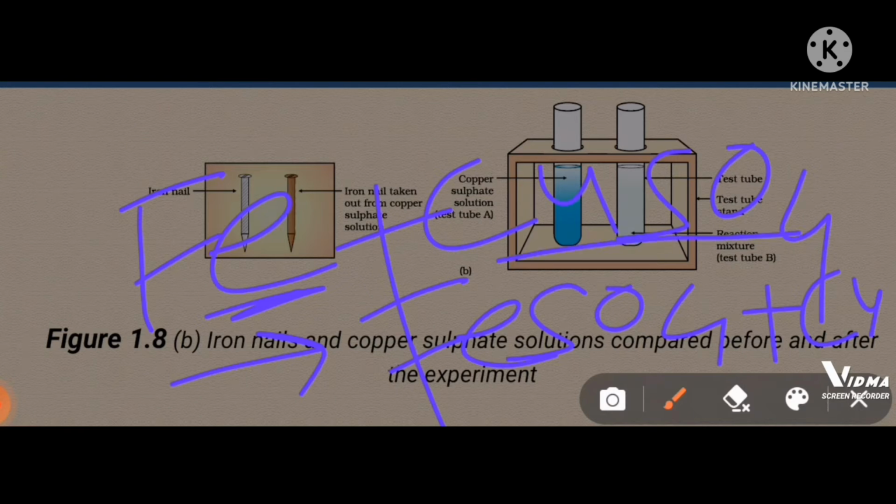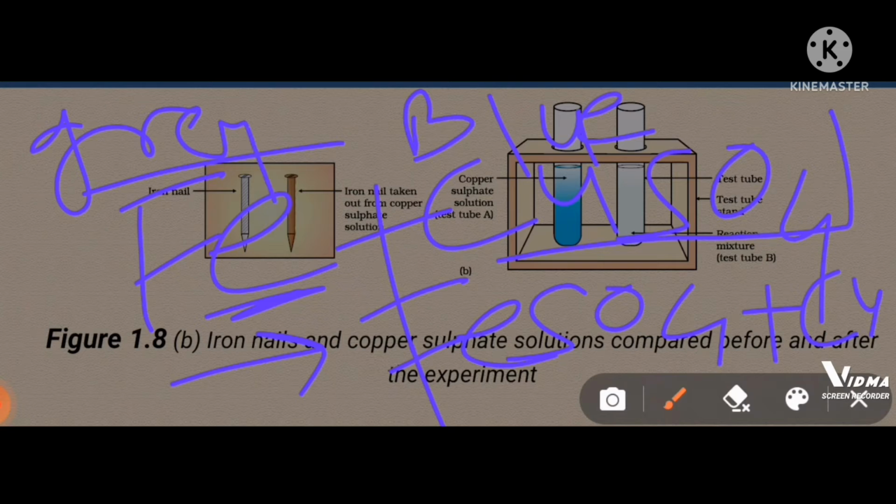Here the color of copper sulfate is blue, and the color of iron is gray. After the reaction, the solution of iron sulfate is green, and the copper is brown. In this reaction iron displaces copper from copper sulfate solution.